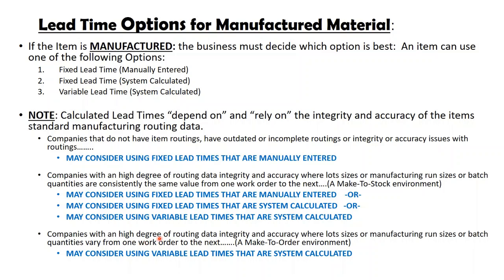Now, companies with a high degree of routing data integrity and accuracy, where lot sizes or manufacturing run sizes or batch quantities vary from one work order to the next, let's say in a make-to-order environment, are probably going to consider using the variable lead time concept that the system will calculate for us.